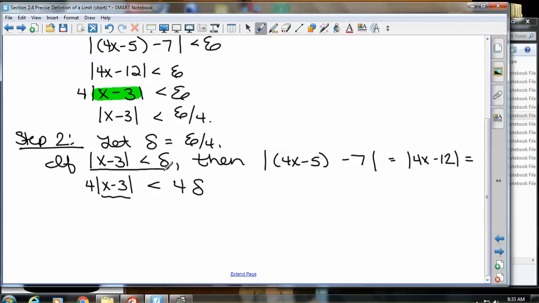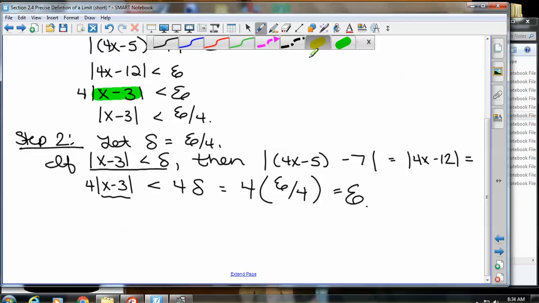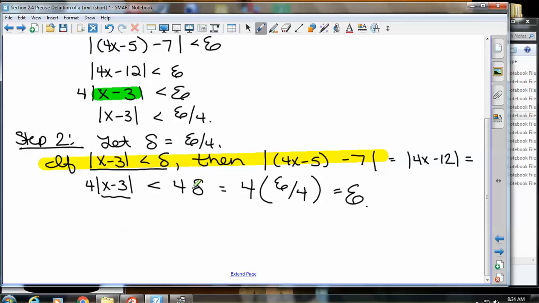What is delta equal to? So this is 4 times epsilon over 4, which is epsilon. So my goal was that sentence I wrote at the top. We had to get that complete sentence. That was the definition to be done. I started out with the first part.